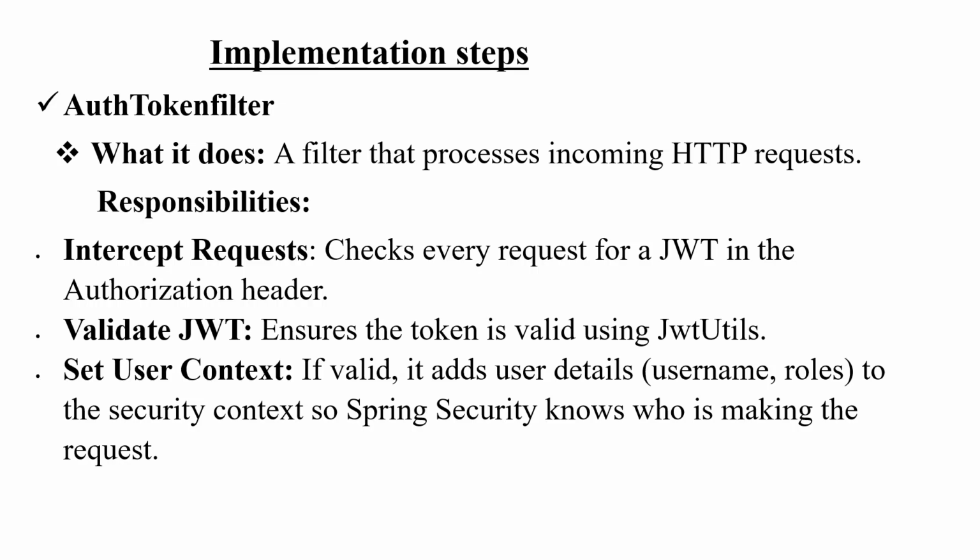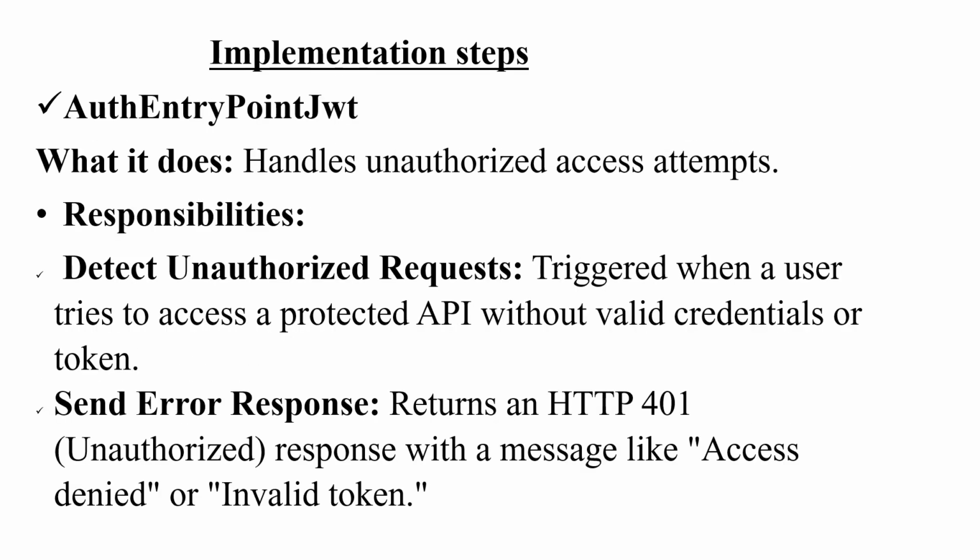For every request it checks for a JWT in the authorization header. Then it validates the JWT, ensuring the token is valid using the JWT utils. It calls the methods in the JWT utils to validate the token. Set user context: if valid, it adds user details, username and roles, to the security context, so Spring Security knows who is making the request.